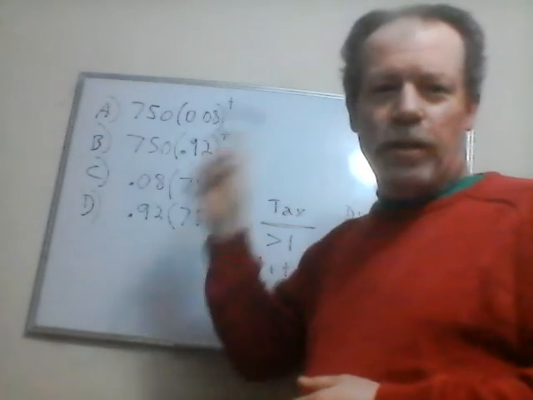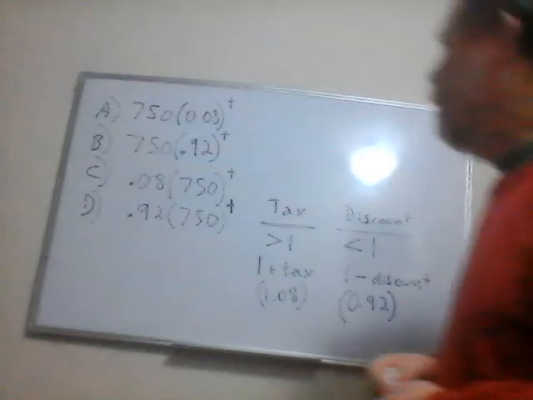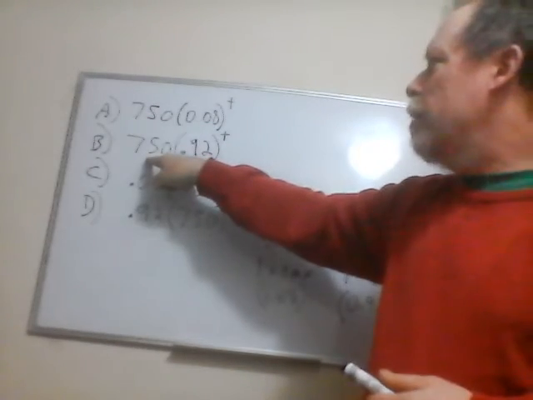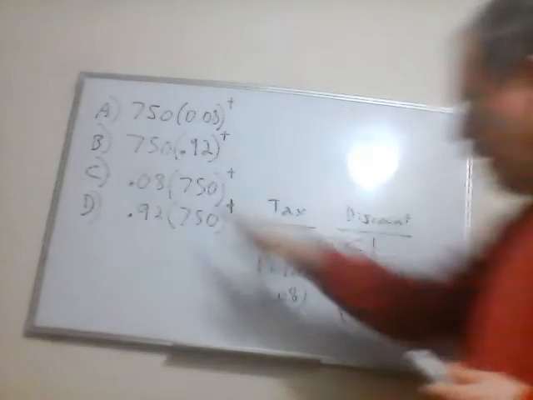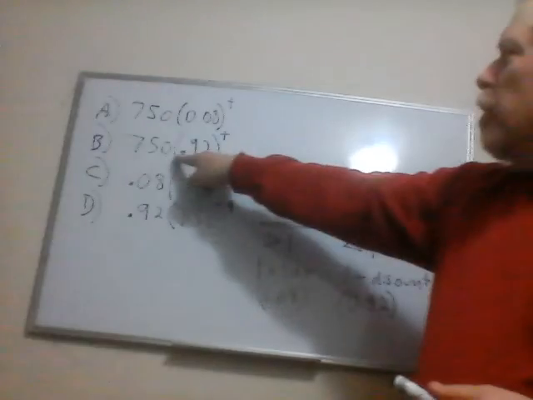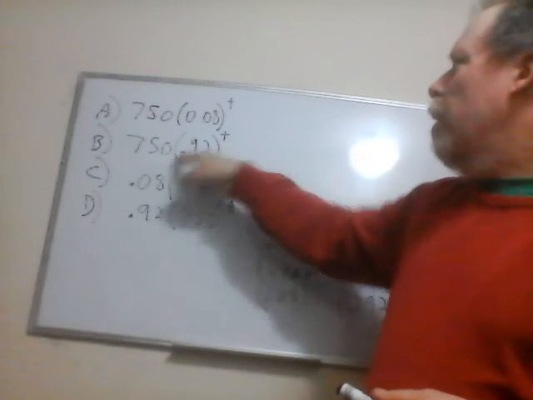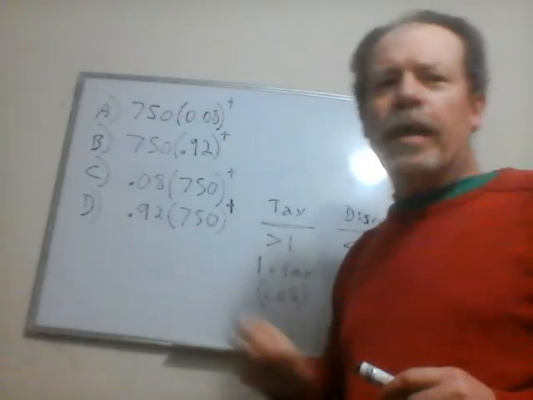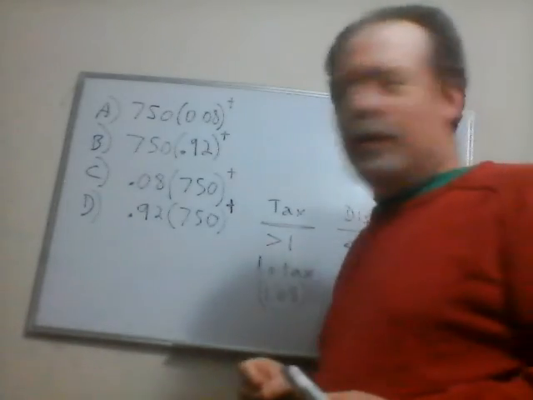Otherwise, it's going to be gone pretty soon. This one, 750, is the correct amount of material, and it's multiplied by our discount multiple, which is slightly smaller than 1, annually. So that's probably the correct answer. Let's not commit to that till we see whether maybe there's a better answer.